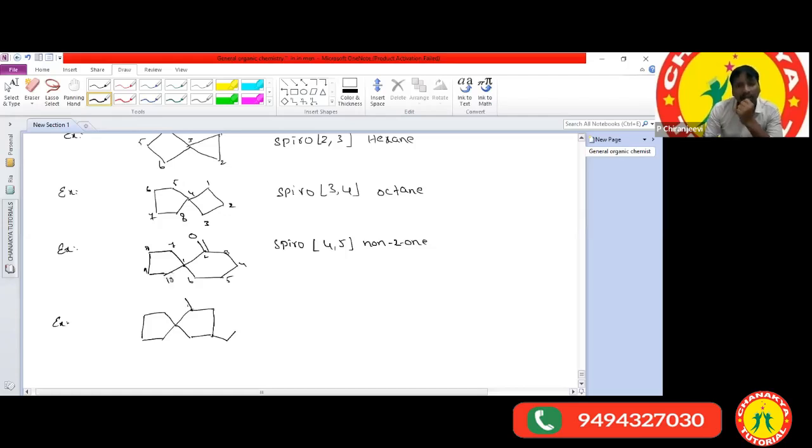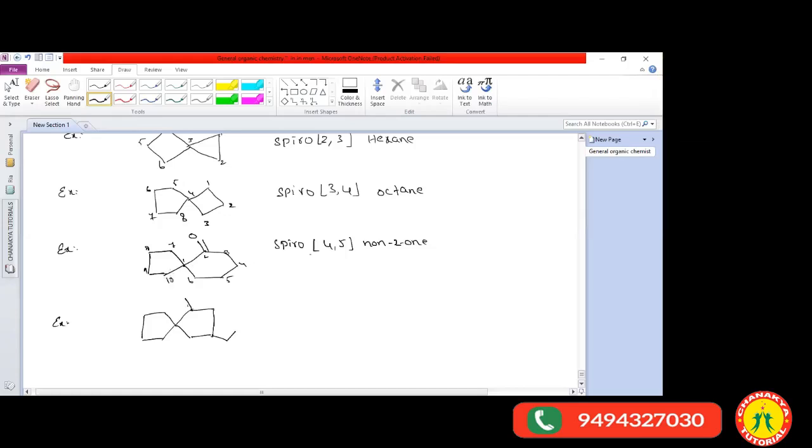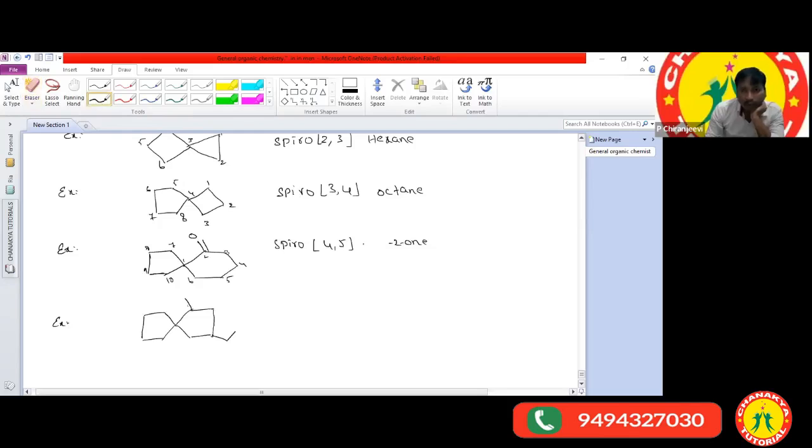Then sir, it's dec. Decane, because it is a saturated compound, Aditi, so the primary suffix we also have to write. Decane: dec is the root word, and ane is for saturated hydrocarbons.